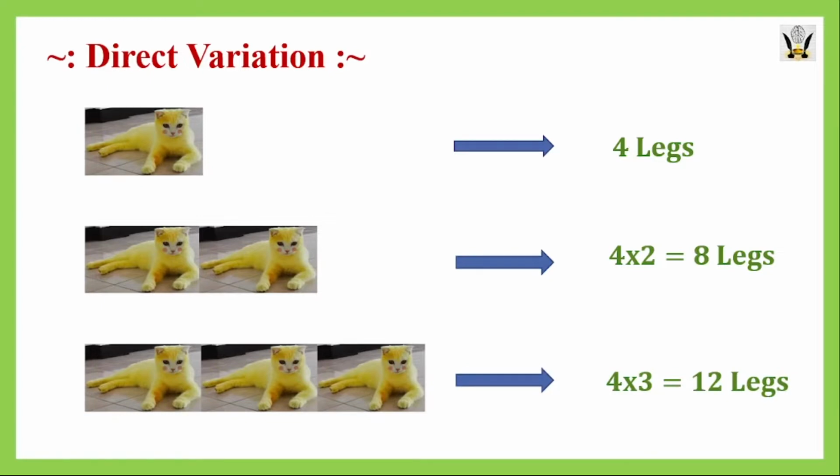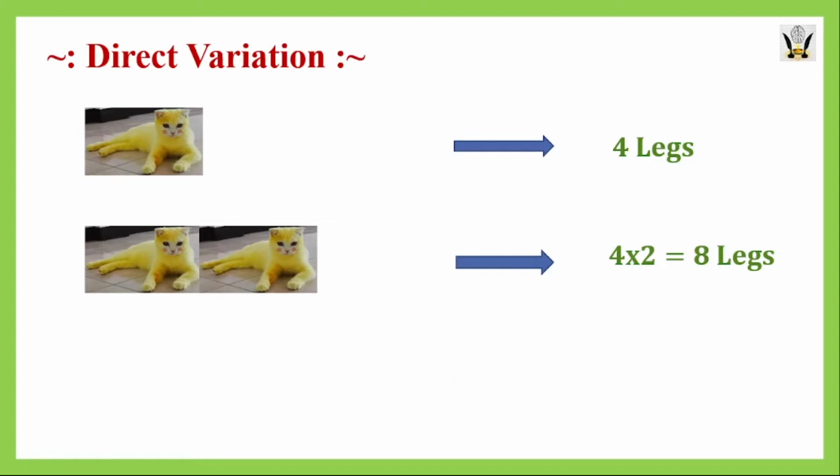So what we can see here is that the number of cats is one quantity, one parameter, and the number of legs is another quantity or parameter. As the number of cats increases, the number of legs also increases. Now suppose we have 3 cats initially, which means 12 legs in total.